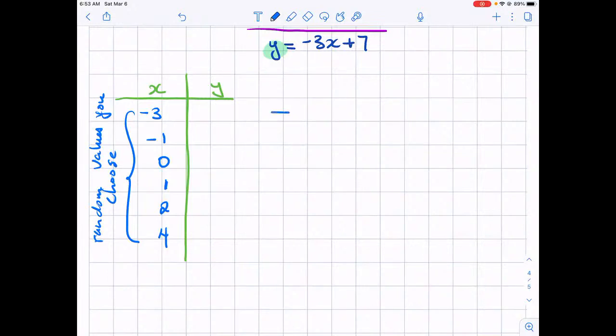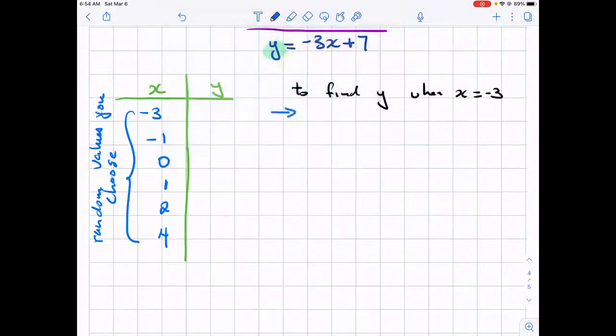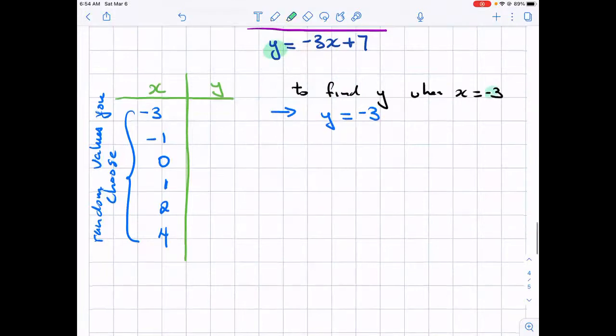So to find y when x is equal to minus 3, we have y is equal to minus 3, and then we plug in minus 3 for x, plus 7.